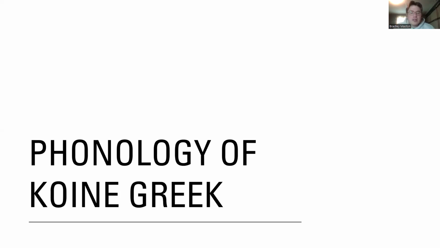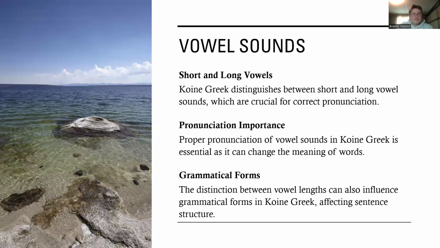But the truth is that the more confident you are about how to pronounce these words, and it's not that complicated, the more confident you'll be in your Greek study. Especially as the Lord provides opportunity to share it. And I've never met a Greek student who didn't have an opportunity to share it in Bible study or as the Lord opens up teaching opportunities and the like. So we see that there are short and long vowels.